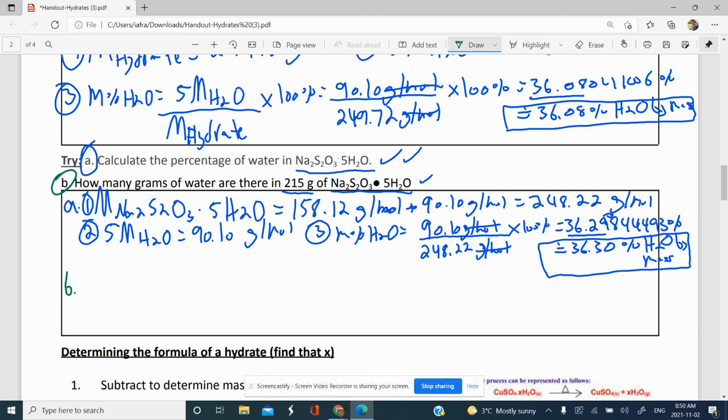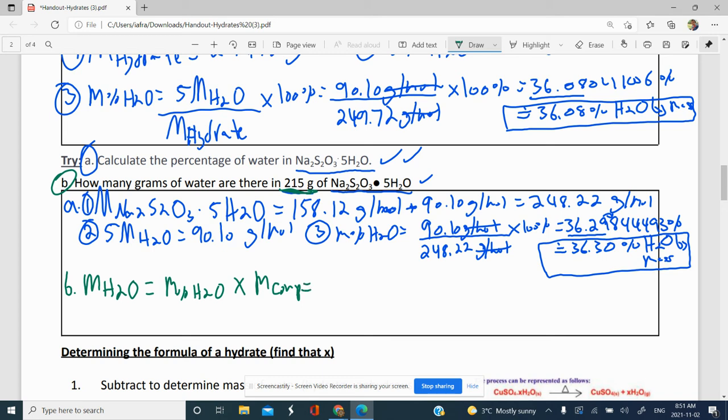Or 0.36 if it was out of 50 times 50. So here, to find the mass of water, we're going to do the mass percent of water times the mass of the sample, which is 215 grams here. So that's the actual sample that we're measuring in the lab. Don't forget this mass percent needs to be divided by 100 in this decimal form.